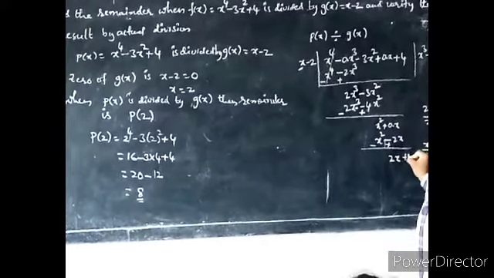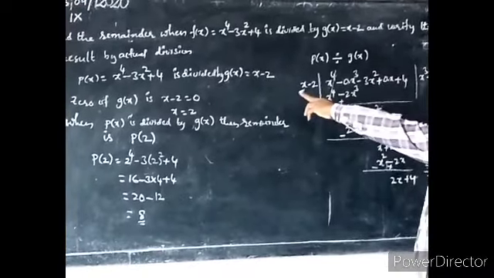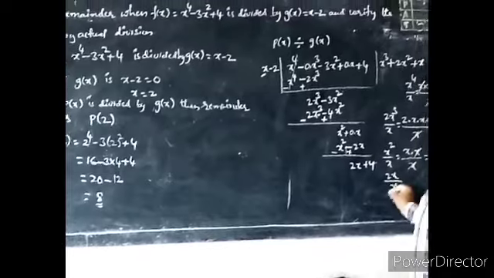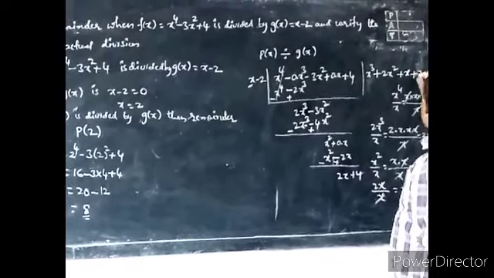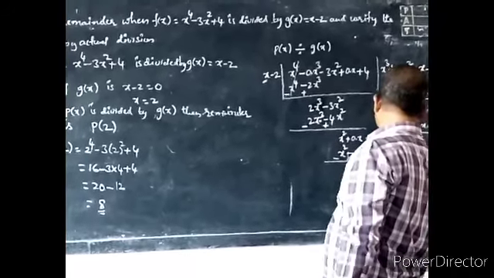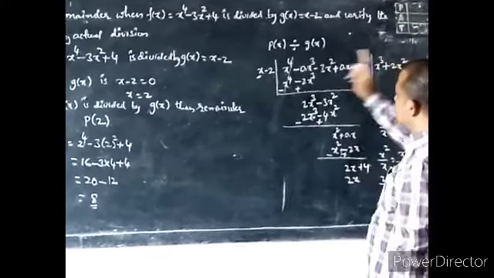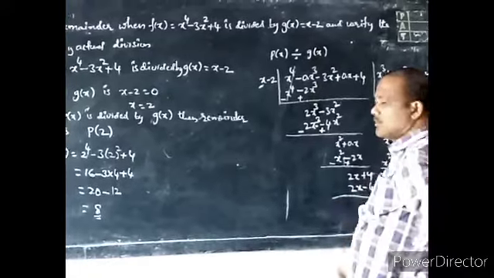Plus 4. Again, the first term is 2x. Divide by the first term x. So x gets cancelled. It remains 2. Now write the 2 in the quotient. 2 into x is 2x. 2 into minus 2 is minus 4.